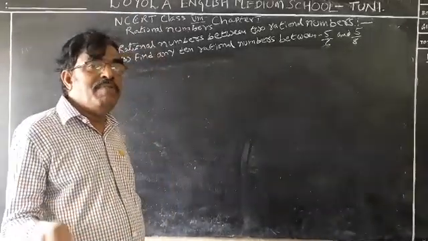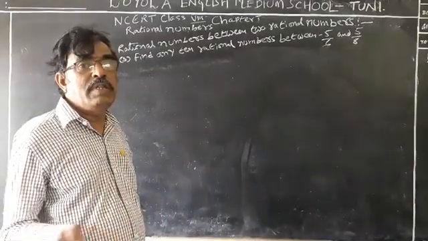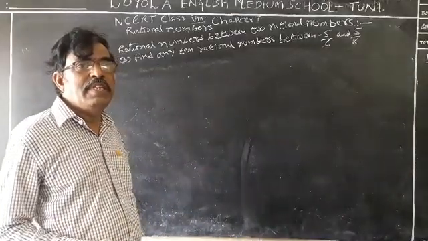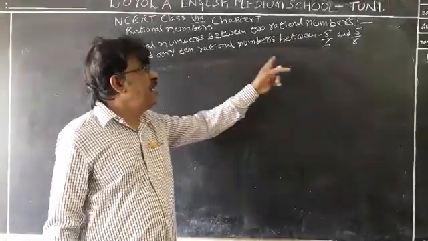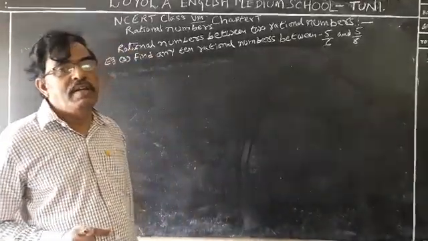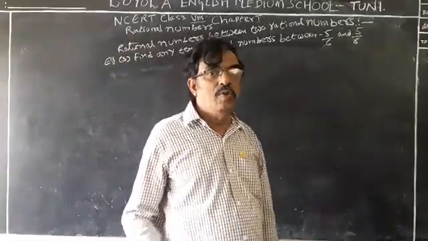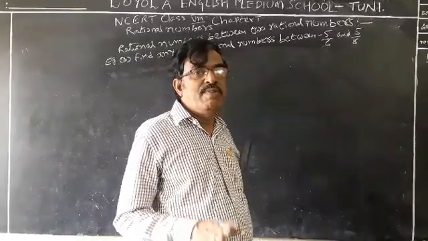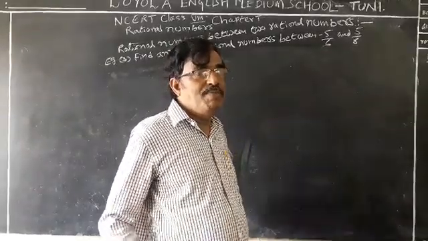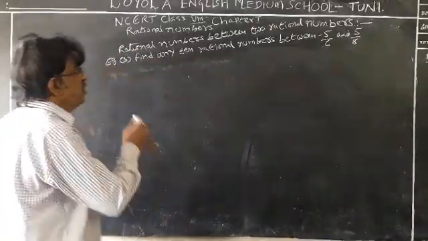The mean method I told you earlier can also be applied in this same sum. But we must find any 10 rational numbers. How is it possible? When this type of sum is given, first let us convert into like fractions, which means making the denominators equal.